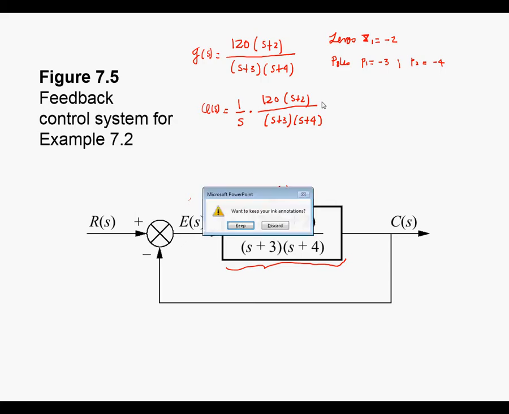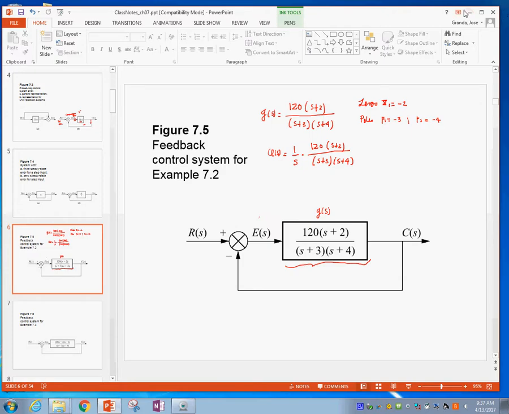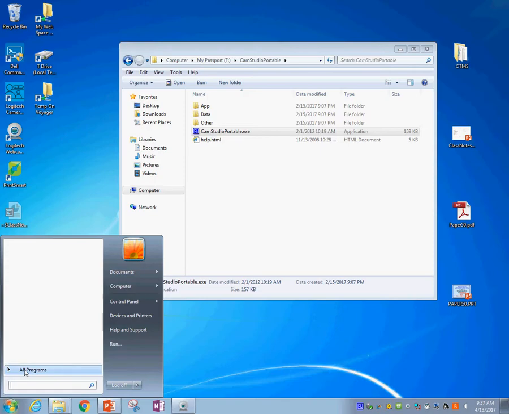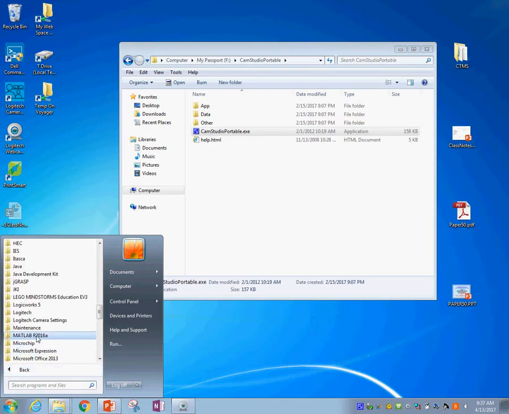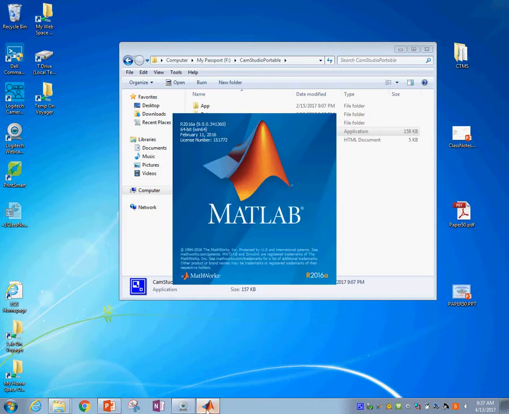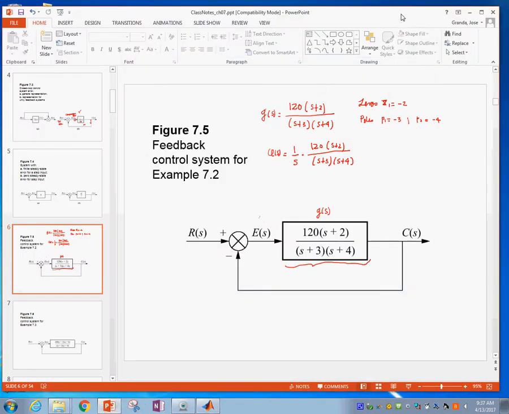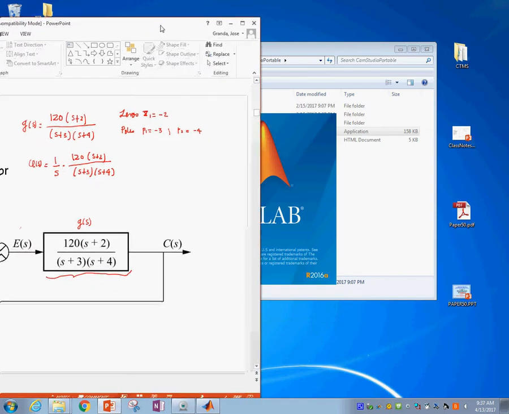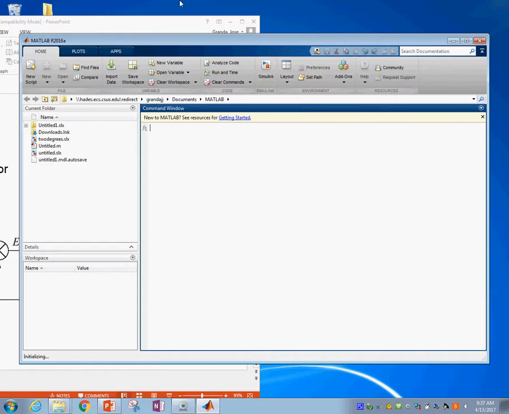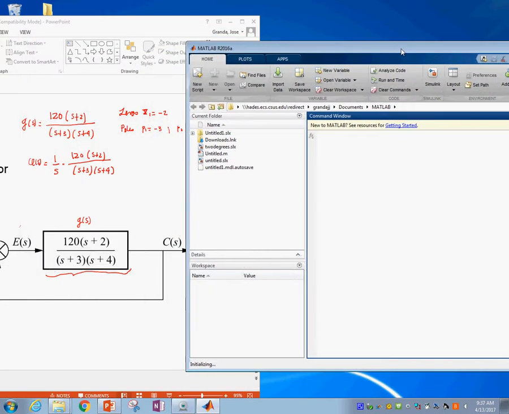So let's go over here, and then we'll run MATLAB, okay? And we need to have the transfer function with us on a window in here so that we can have access to our transfer function. Okay, how do we do this?